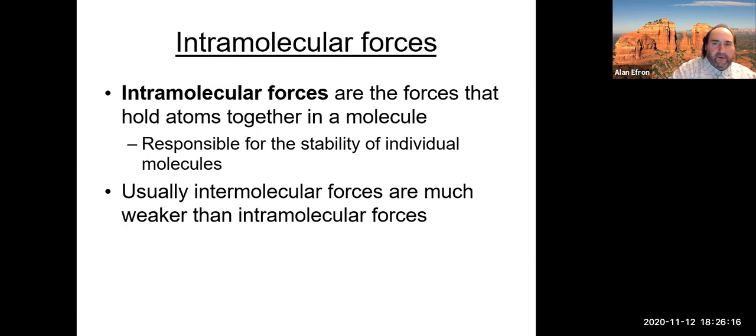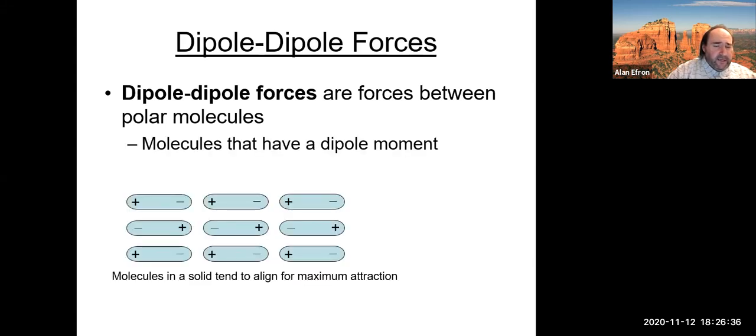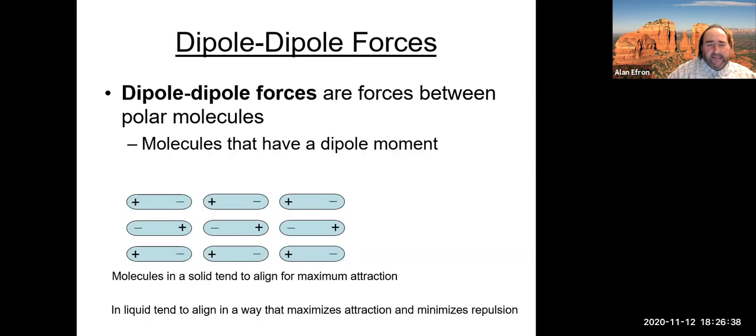So in this chapter, we're going to focus specifically on intermolecular forces. We're going to talk about different types of intermolecular forces. And again, these are the forces that hold one entire molecule together with another. The first type of intermolecular force is referred to as a dipole-dipole force or dipole-dipole interaction.